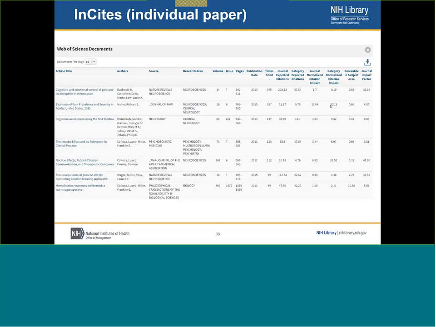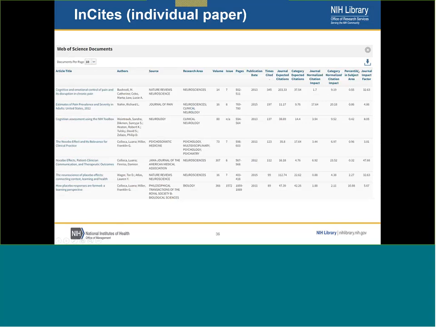When you download all of the papers in the specific dataset, this is what you're going to see: the title, the authors, the journal title, the research areas, and also the journal information, times cited, and all of these different normalized citation impact scores.